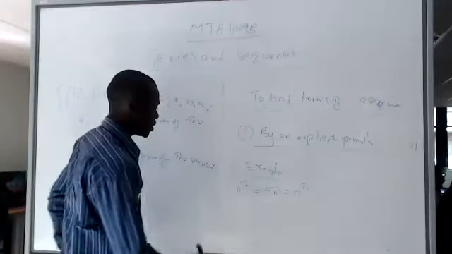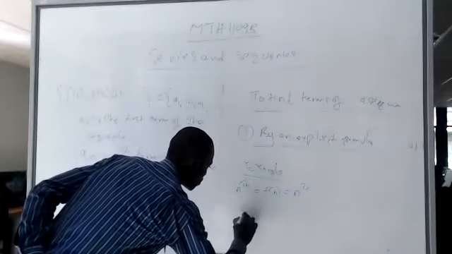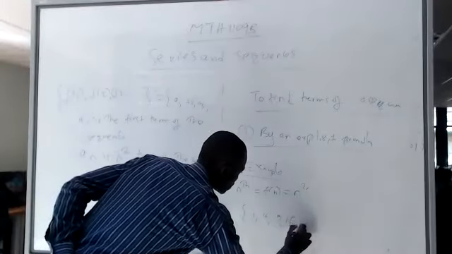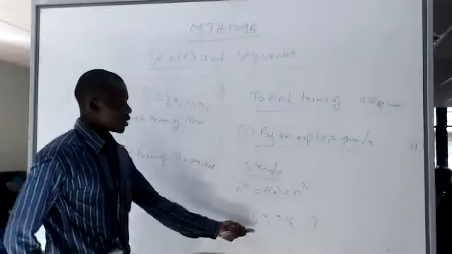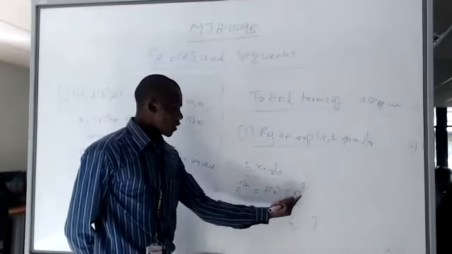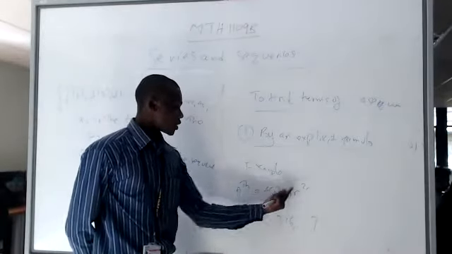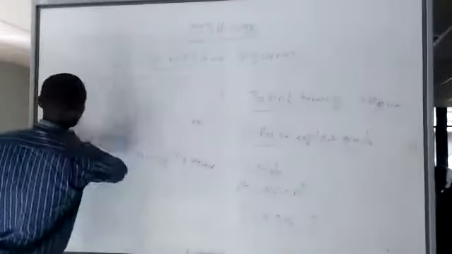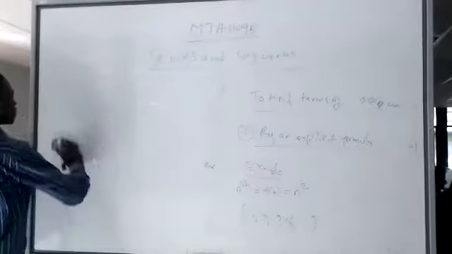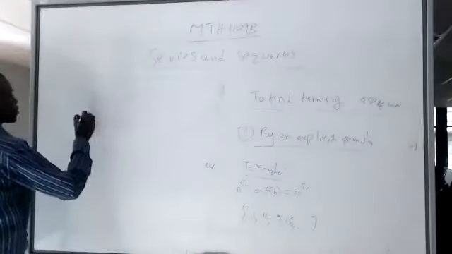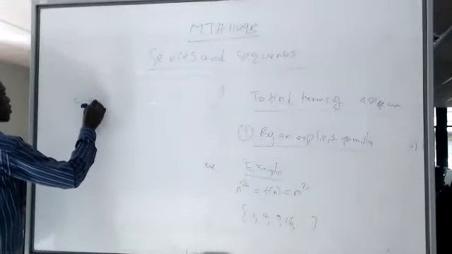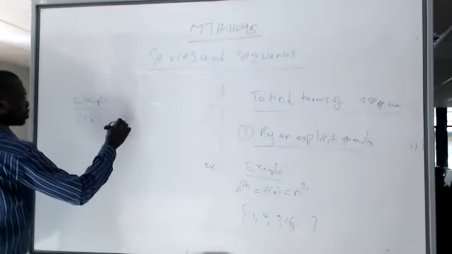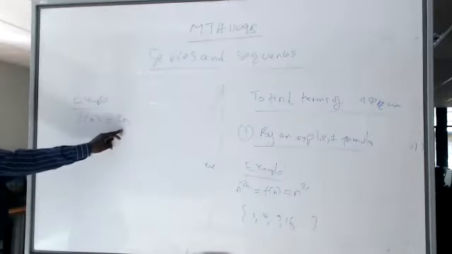So this is a sequence which will have the terms 1, 4, 9, 16. I'm just taking the natural numbers and applying the function. The first one is 1, so 1 squared. The function just takes them and then squares them. Another example would be a sequence defined by 2n, which will just give you even numbers.